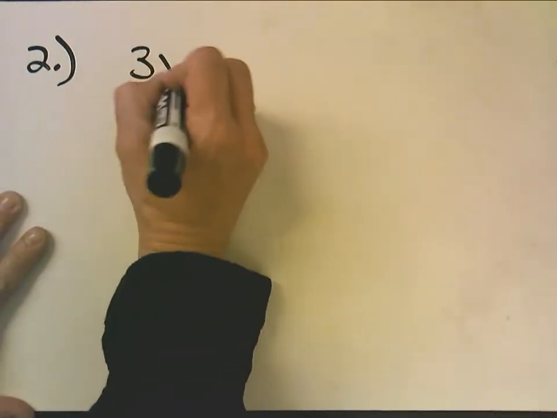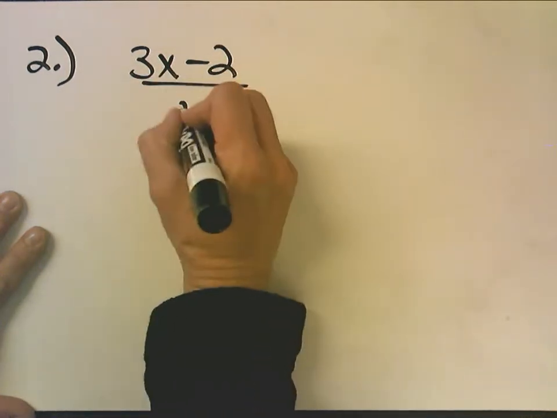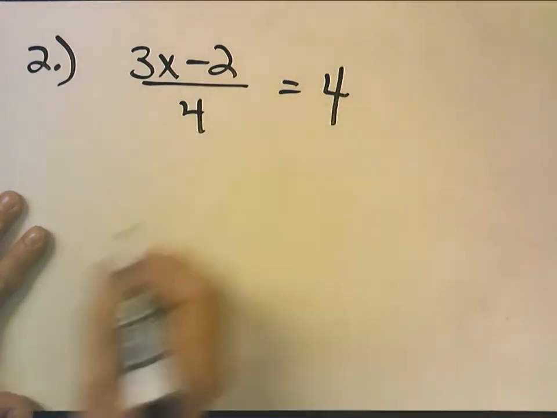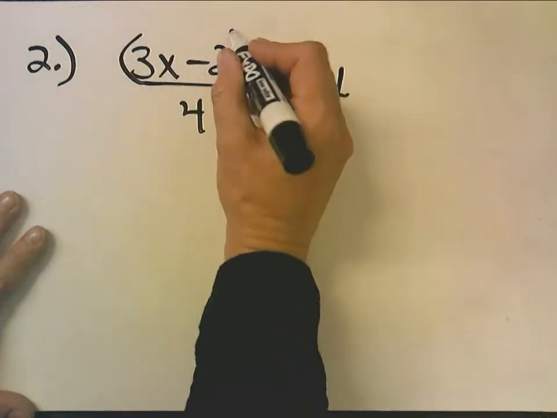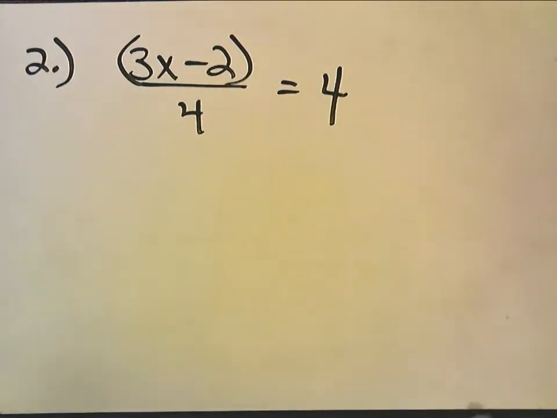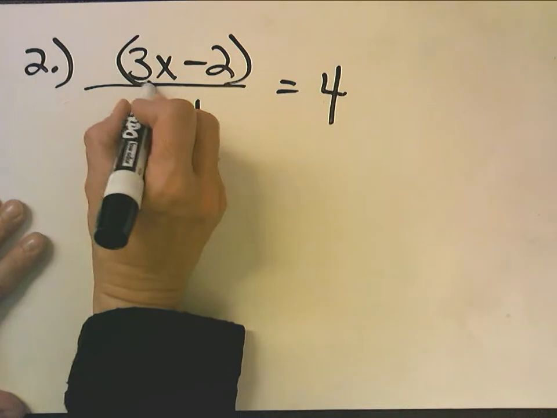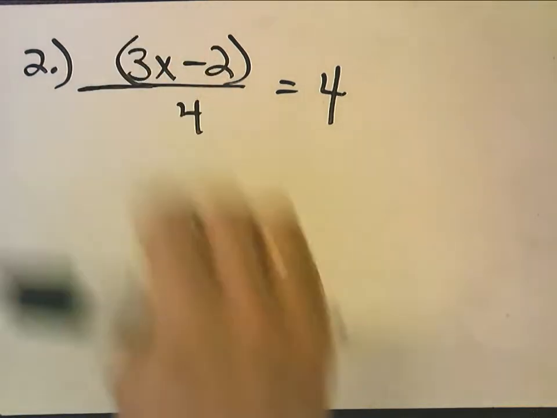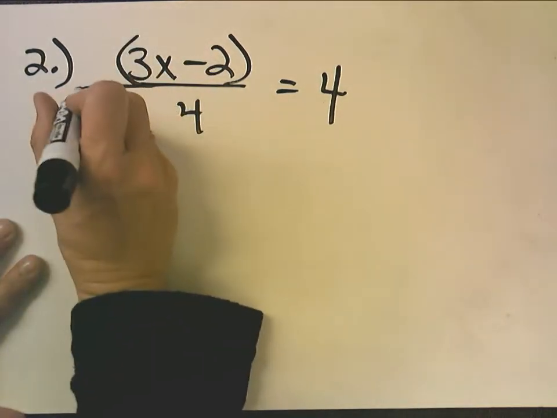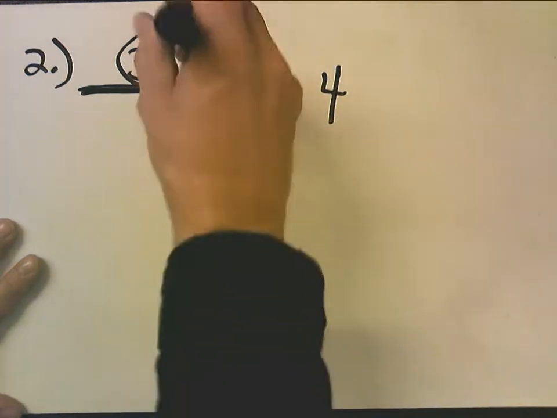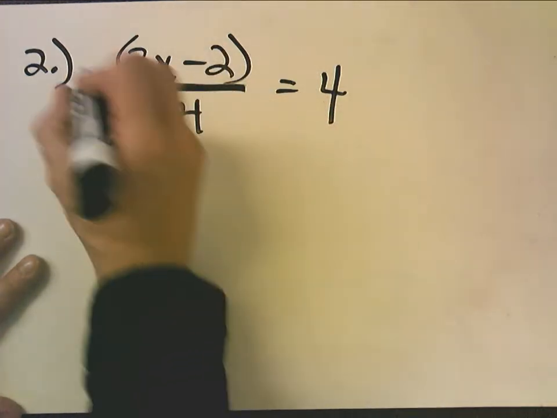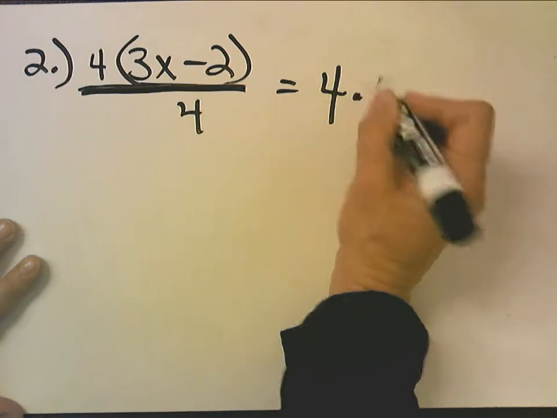Now, 3x minus 2 over 4 equals 4. So this is one of those where I have an expression in a fraction and I have to protect it. So the last thing I'm going to touch is the 3x minus 2, which means the first thing I have to undo is the dividing by 4. I undo dividing by 4 by multiplying by 4.